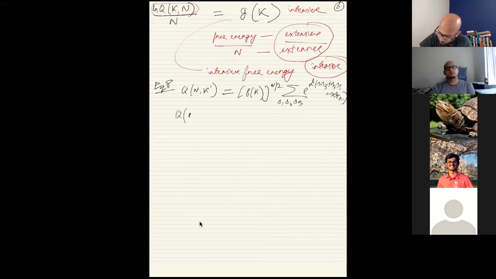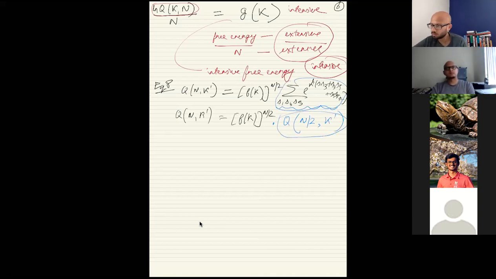So we can write this down as Q of n comma k prime is equal to f of k to the power n by 2, and this thing over here is nothing but Q of n by 2 comma k prime, right? Does that make sense? That is the partition function for the original Hamiltonian.